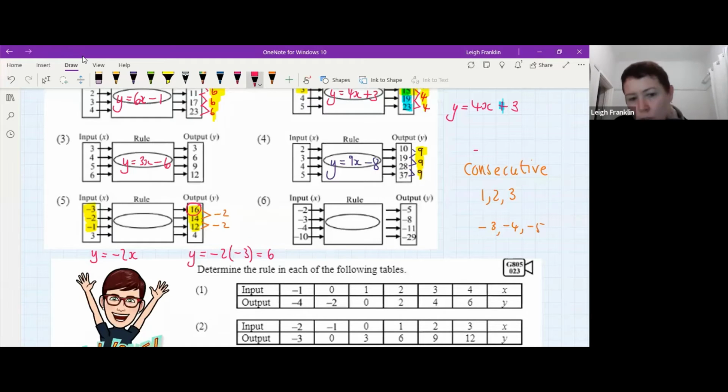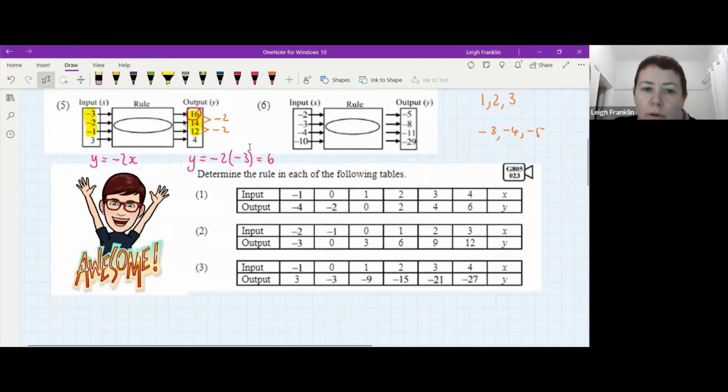So what do we need to plus to 6 to get to 16? Eli, what would we add to 6 to get to 16? 10. 10, exactly, perfect, 100%.